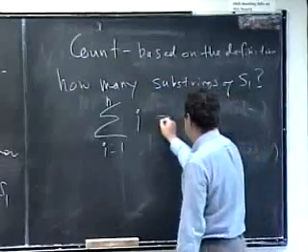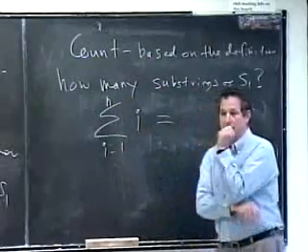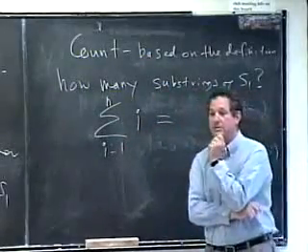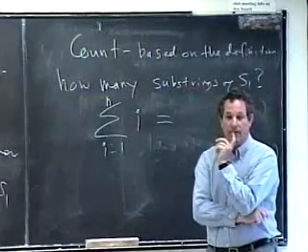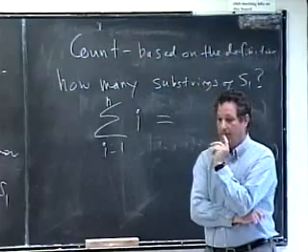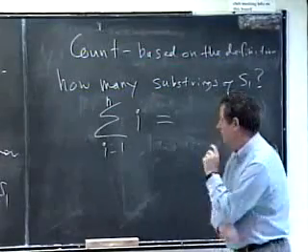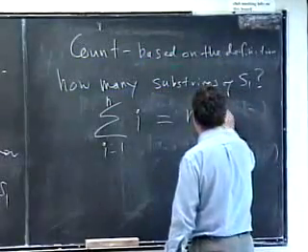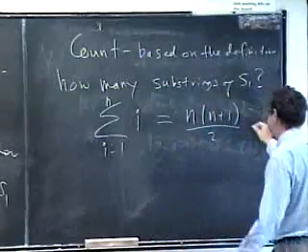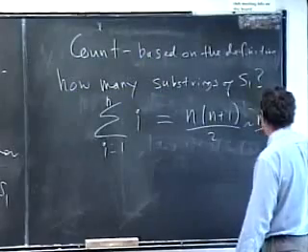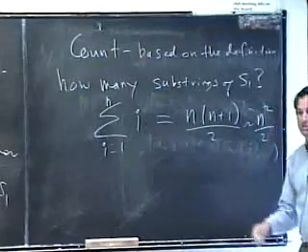Who knows what this summation is? Everybody learned this in high school, and you used it in your statistics course or elsewhere, I'm sure. It's n times n plus 1 divided by 2. And I'm just going to call this n squared over 2. It's about n squared over 2.